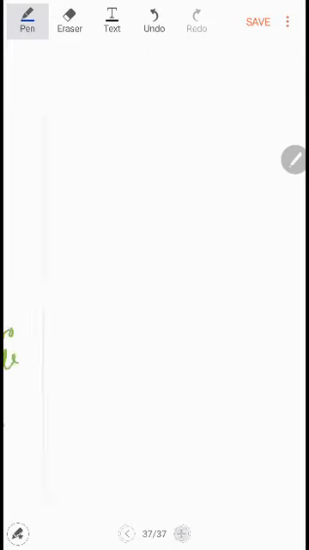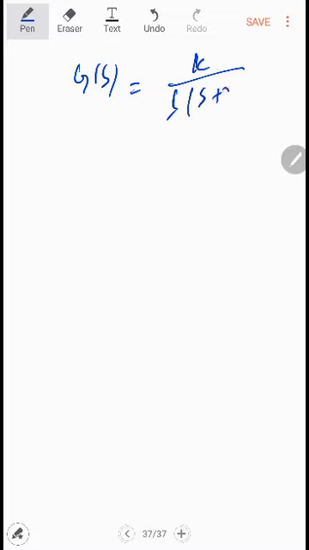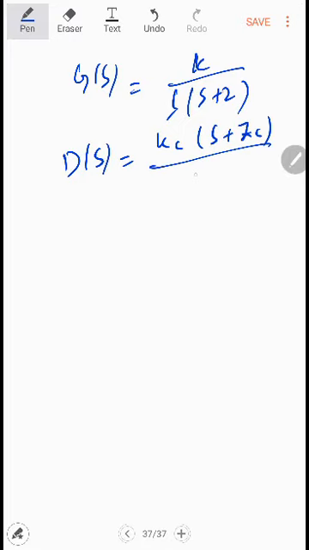So in other terms, what we are doing, we have the G(s), which is equal to K divided by s into (s plus 2), and then we are adding this one, Kc (s plus ZC) over (s plus PC).